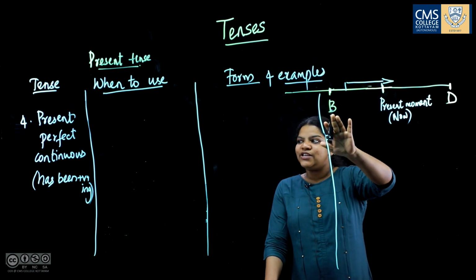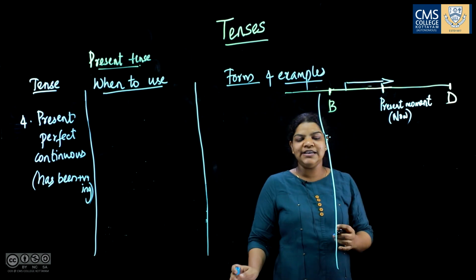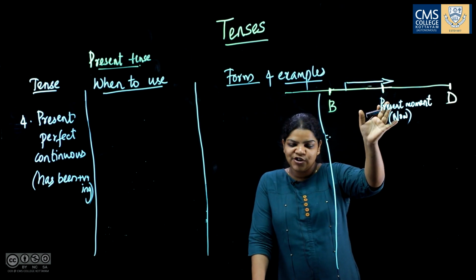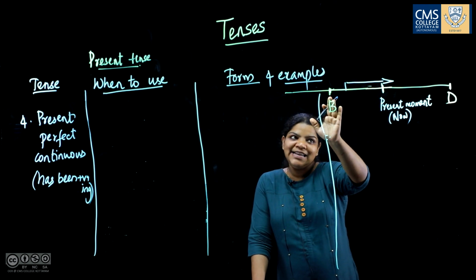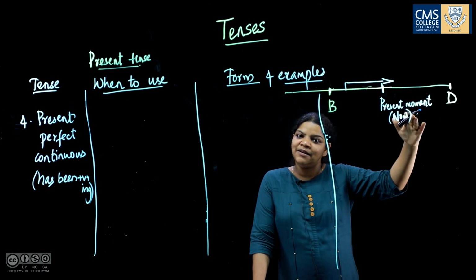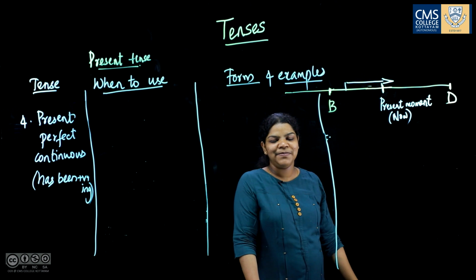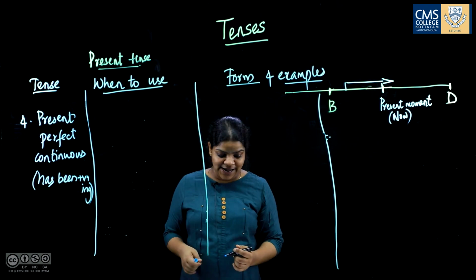So to indicate such actions, we use the present perfect continuous tense. So it's an action which started quite some time in the past. It is continuing now, it will continue for some more time in the future, and it might come to an end at any point of time. So present perfect continuous is such an action.